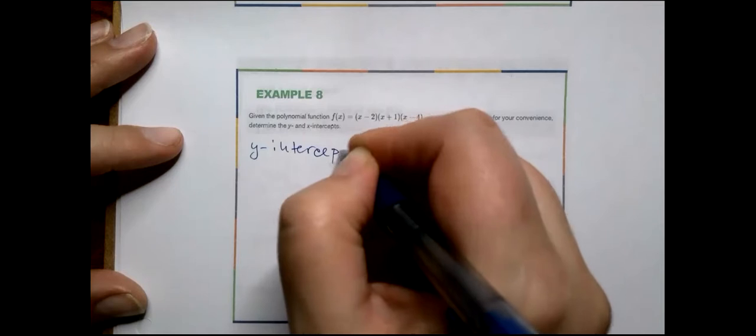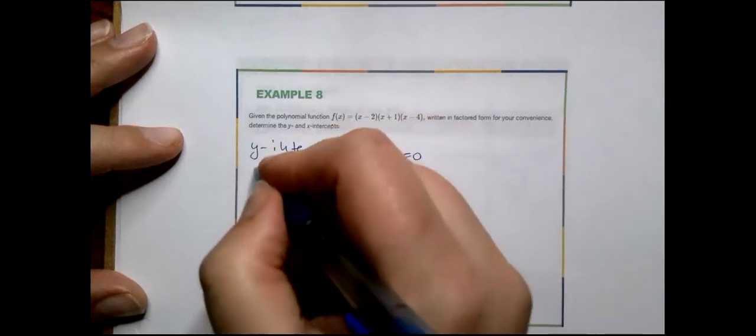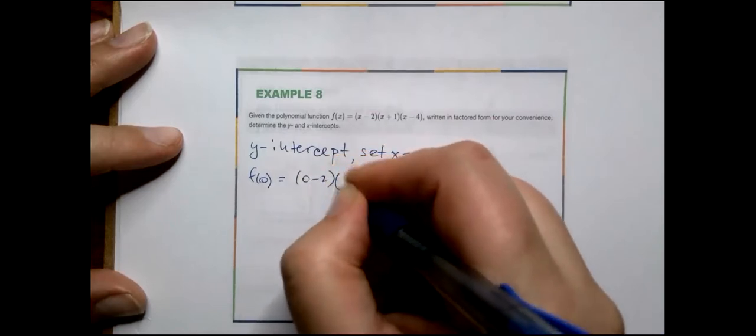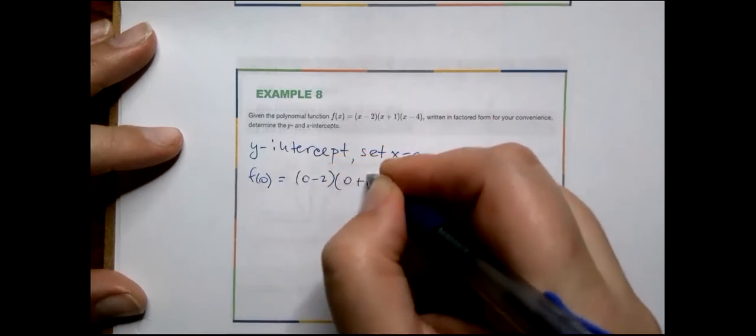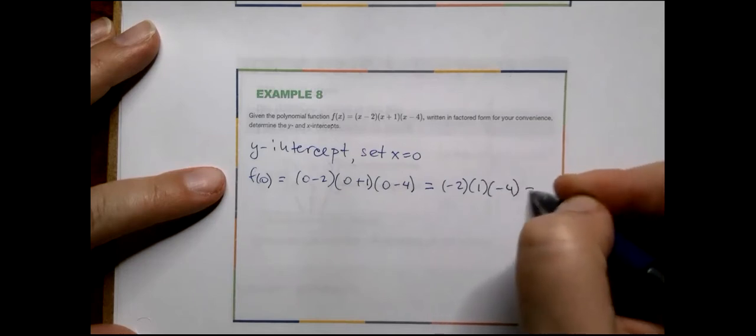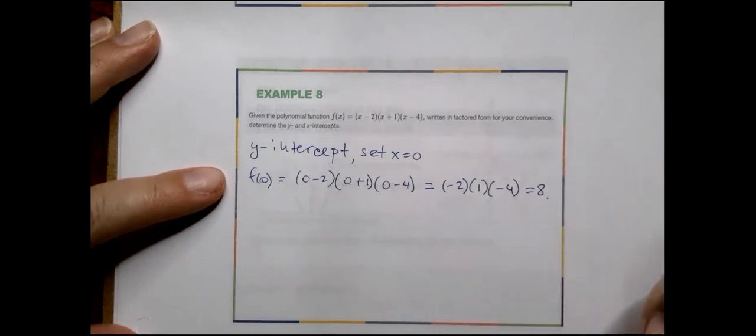We're going to set x equals 0 and plug it in. So f of 0 is going to be 0 minus 2 times 0 plus 1 times 0 minus 4. What does it equal? It's negative 2, 1, and negative 4, and that's positive 8.